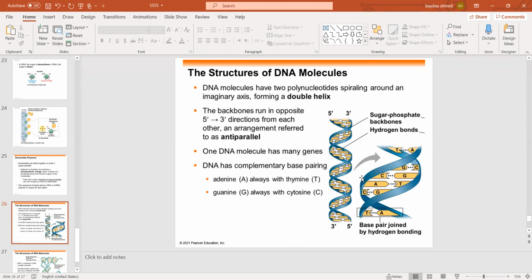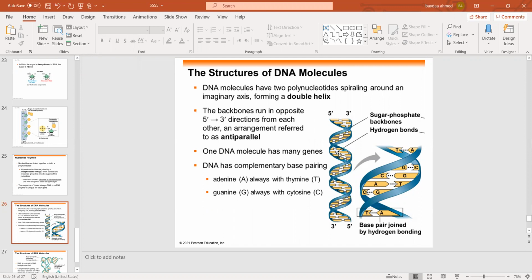The two sugar-phosphate backbones, this blue ribbon, is the backbone for the DNA. The sugar and phosphate together form the backbone, running in opposite directions from 5' to 3'. These two strands run in opposite directions from each other. This arrangement is referred to as antiparallel.